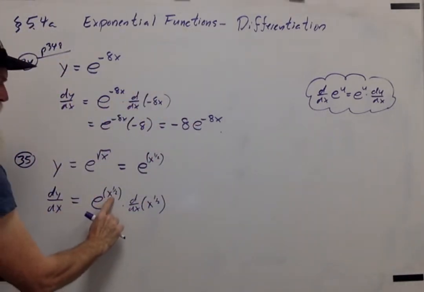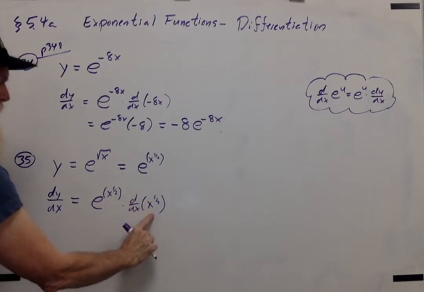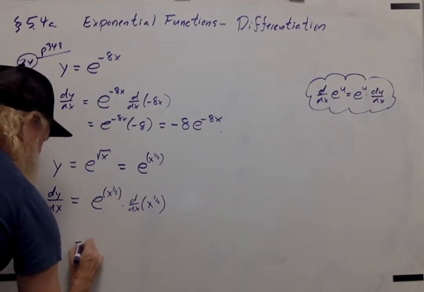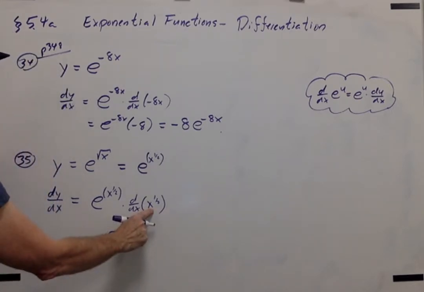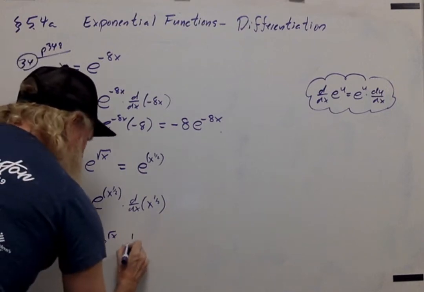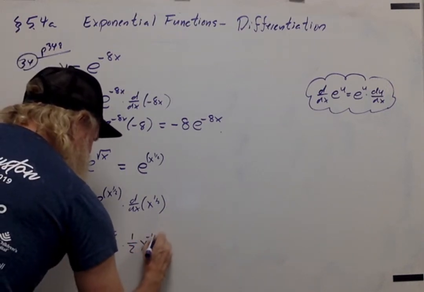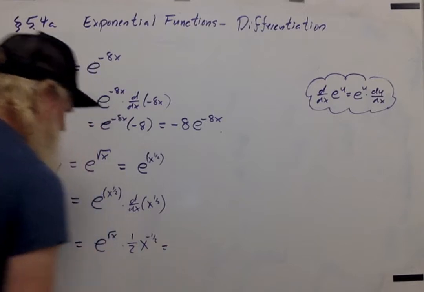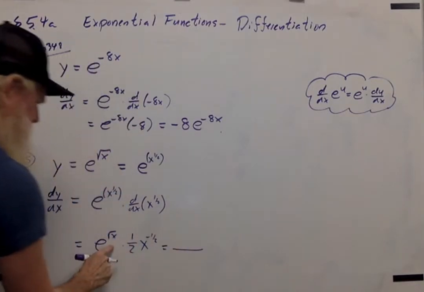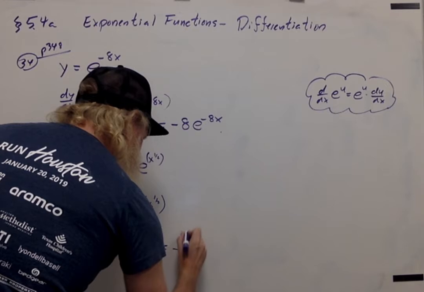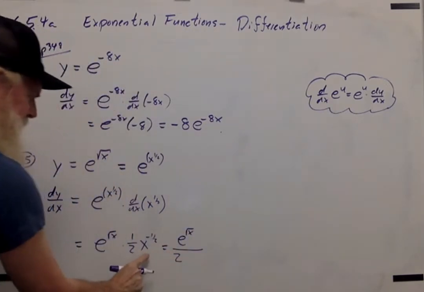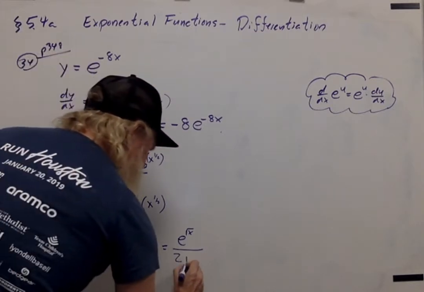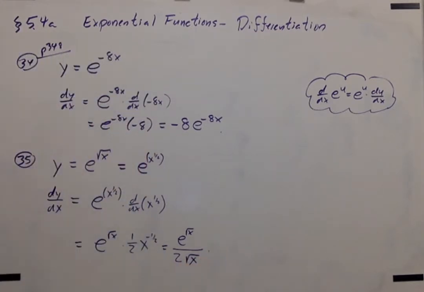The derivative of e to the u is e to the u times the derivative of u. So this is e to the square root of x multiplied by the derivative of x to the half, which is 1/2 x to the negative 1/2. So if I simplify this a bit, the e to the square root of x is in the numerator. The 2 is in the denominator. And I can also move this square root to the denominator. So I get e to the square root of x over 2 times the square root of x.